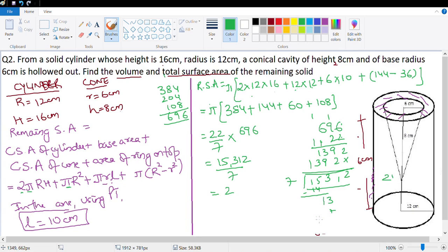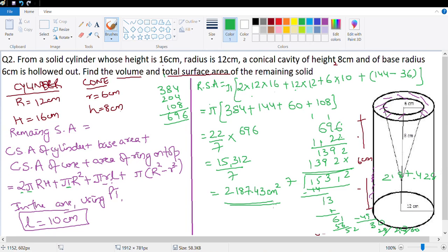That's 61. That's 7 into 8, 56. That's 52. 7 into 7, that'll be 49. Minus 49 will give me 3. Put a decimal, that gives me 0. 7 into 4, 28. That's 20. So that will be 2187.43 centimeter square. Perfect.